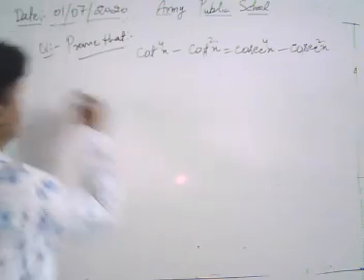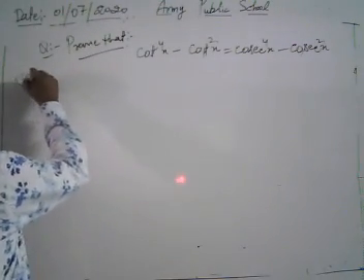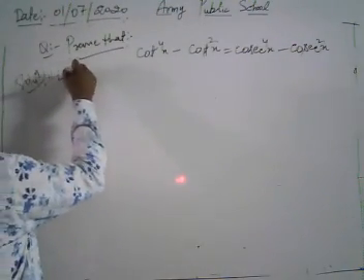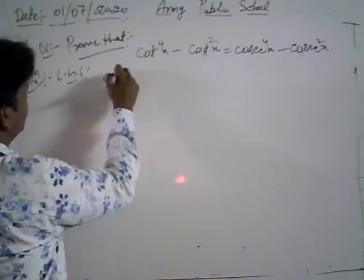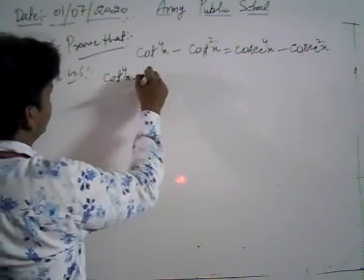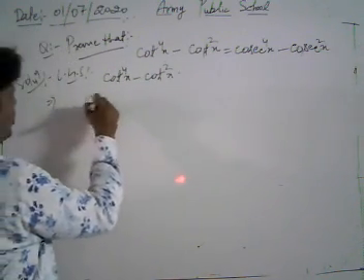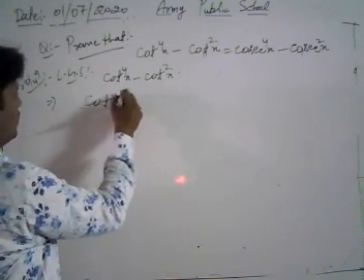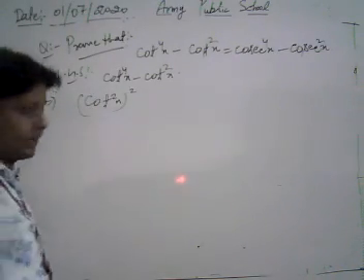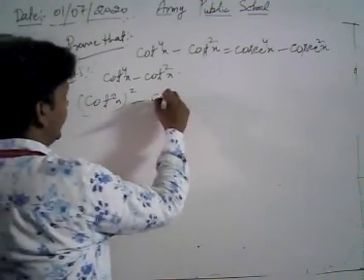Now let's see. Let's take LHS, which is cot to the power 4x minus cot square x. Here we write cot to the power 4x in this way, cot square x whole square, minus cot square x as it is.